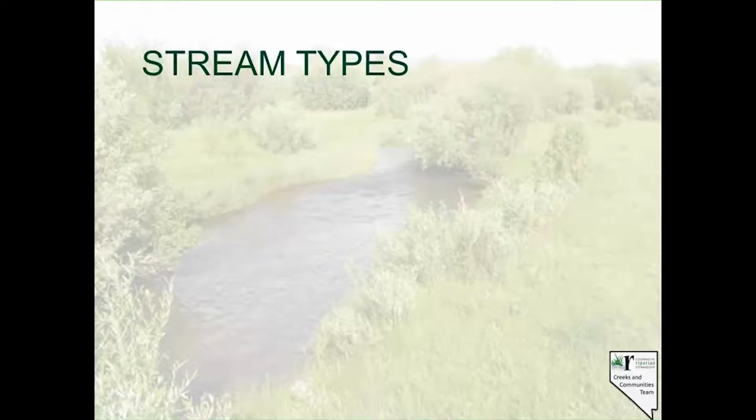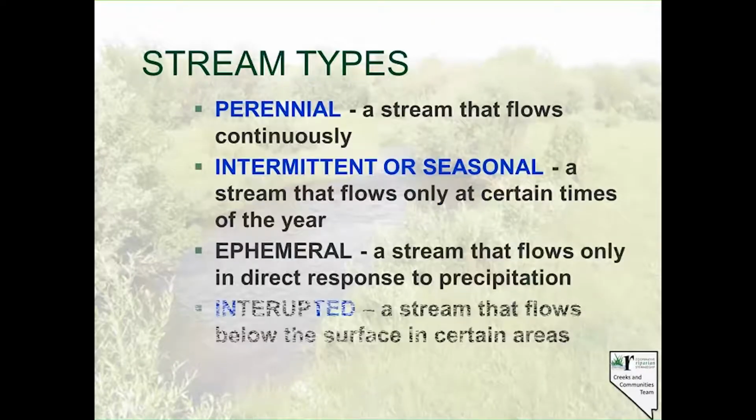And so to focus a bit more on this idea of how long the water needs to be there. Certainly if it's a perennial stream, a stream that flows continuously, we can do PFC there, unless it's in a very altered system. If it's intermittent or seasonal, a stream that flows only at certain times of the year, but long enough to grow the riparian plants, then PFC is meant to be used there, but it's not for ephemeral systems.